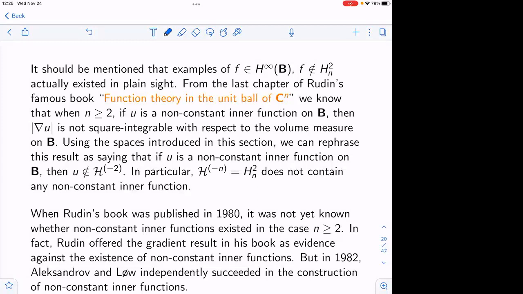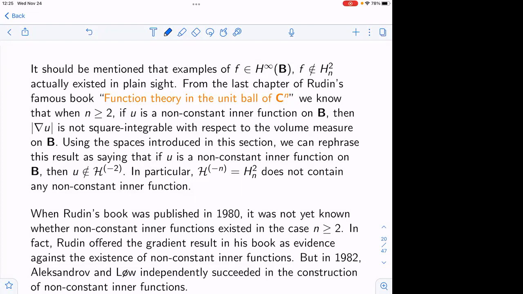In Rudin's book, Function Theory in the Unit Ball of Cn, in the last chapter, he mentioned this result: if there is a non-constant inner function of the ball, then the absolute value of the gradient of u is not square integrable with respect to the volume measure.